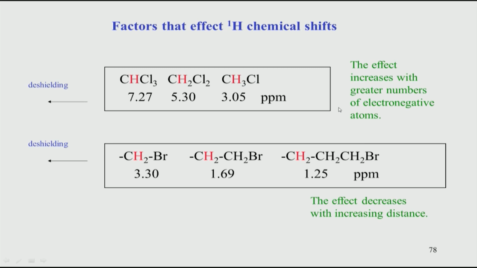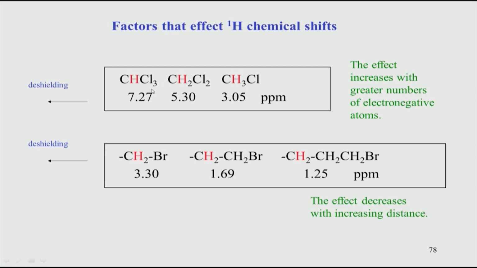Now, let us look at what happens with a little bit more of the inductive effect. You can see here there are more chlorine atoms attached compared to methyl chloride. This is methyl chloride, methylene dichloride and chloroform. In chloroform there are 3 chlorine atoms. When you have 3 chlorine atoms, you expect a more electronegative effect, because 3 are stronger in pulling electron density than 1 chlorine atom.